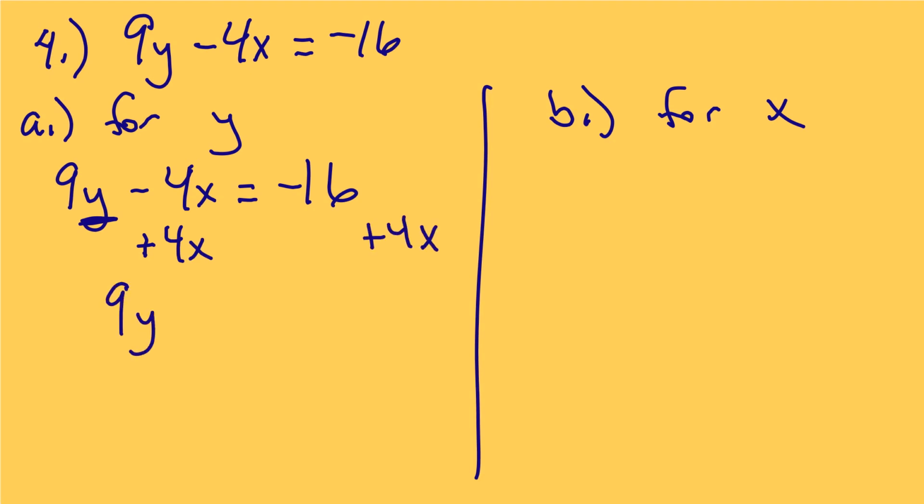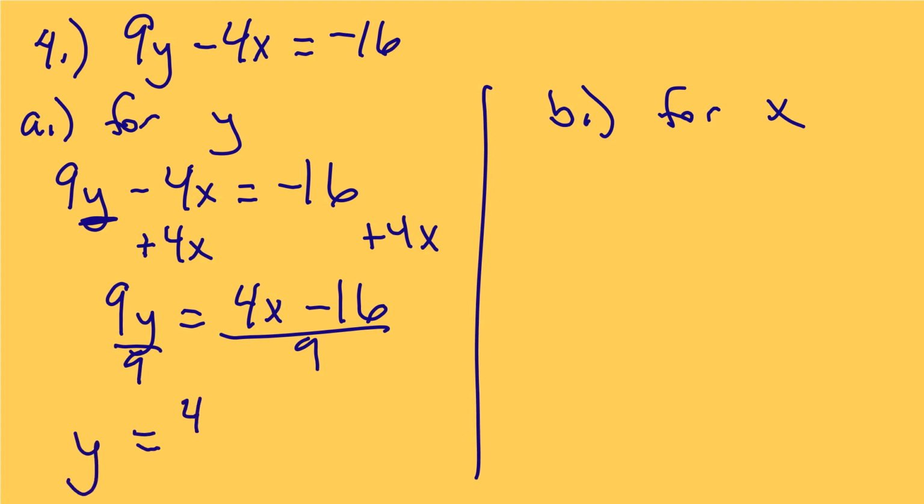So I have 9y equals minus 16. And actually, I like to just write the 4x first. 4x minus 16. Divide both sides by 9. I get y equals 4/9 x minus 16 over 9.